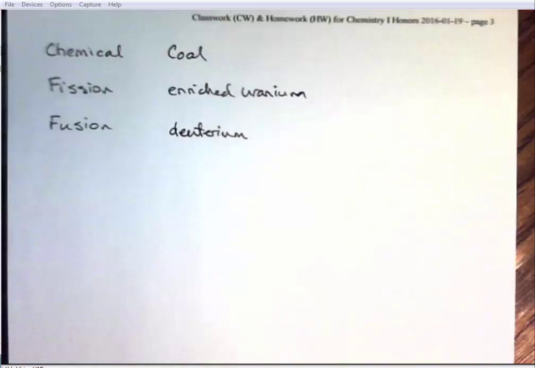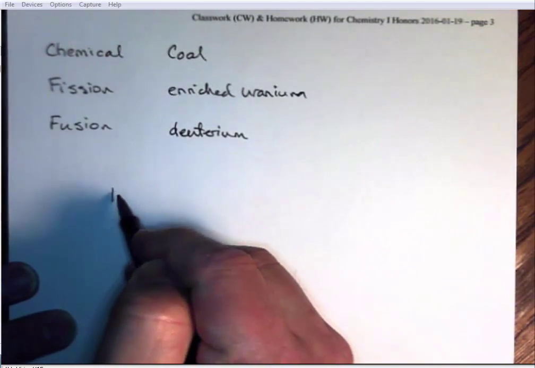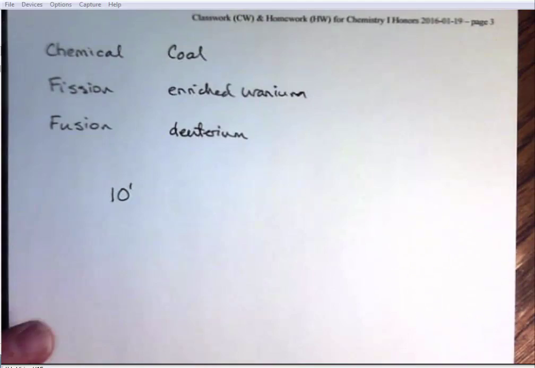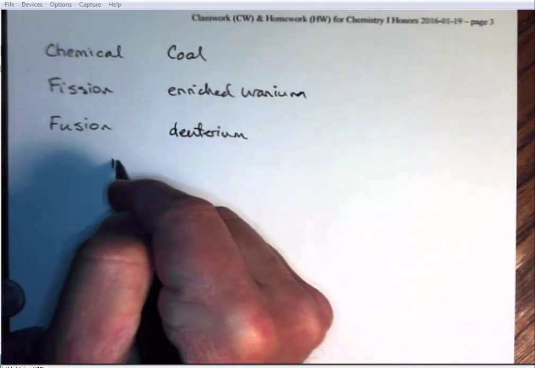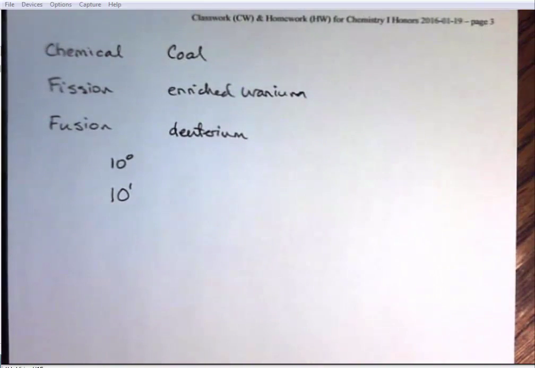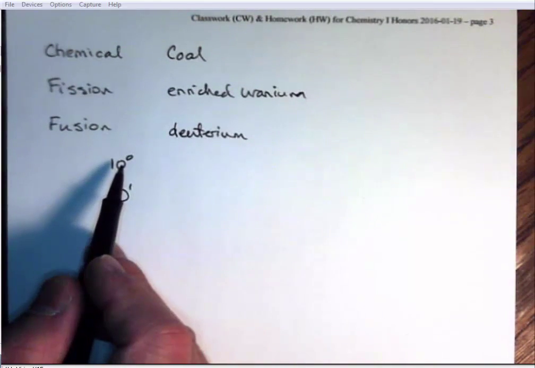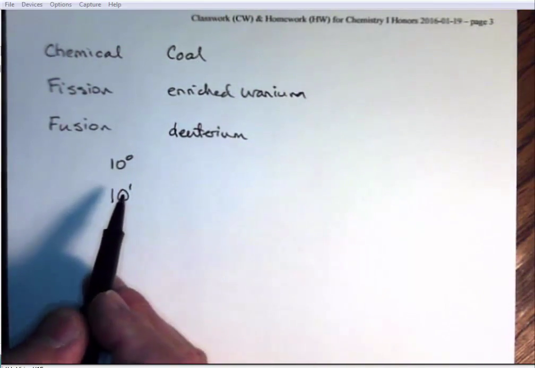So let's say you've got 10 to the first power. Well, 10 to the first power is just 10, right? 10 to the 0 power is just 1, right? This is an order of magnitude larger than that. So you can tell about orders of magnitude by the exponents.